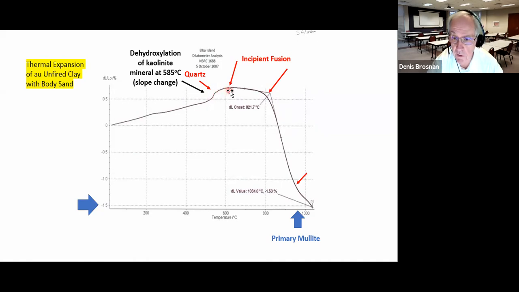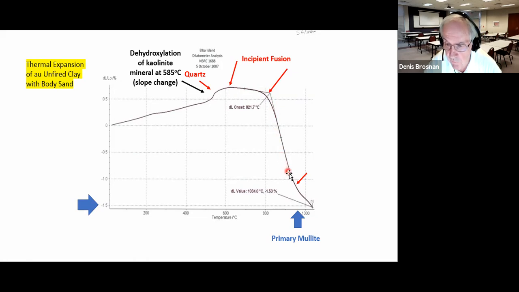We further heat, and this particular clay begins to show some evidence of incipient fusion. That's the beginning of fusion. Incipient means beginning, fusion means melting. And up here, then we begin to melt quite in earnest, and shrinkage takes place. So this is permanent shrinkage in the clay object.